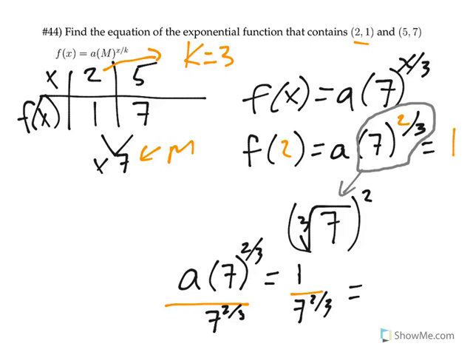So 1 divided by 7 to the 2/3 comes out to 0.2733 if I round off to 4 decimal places.